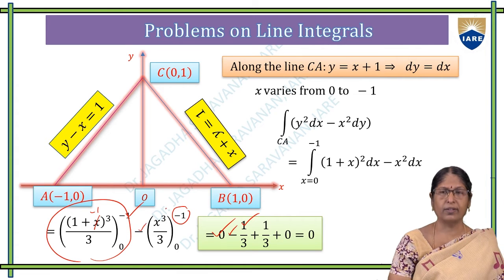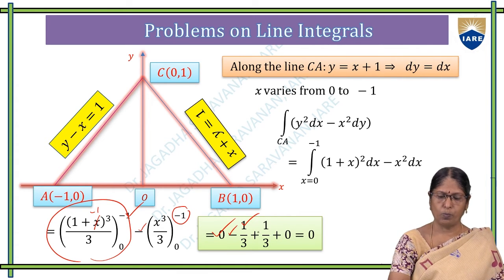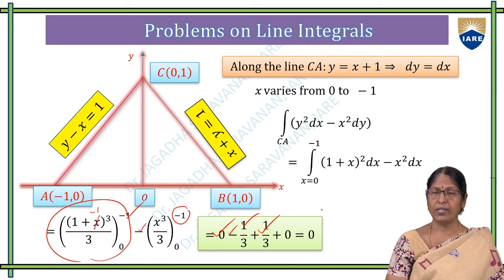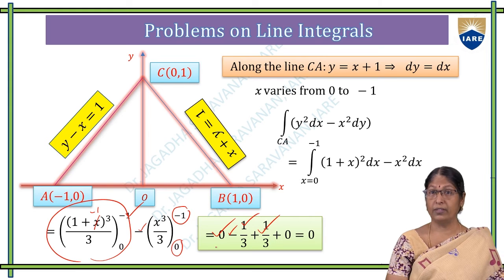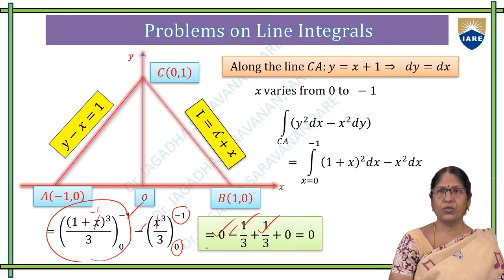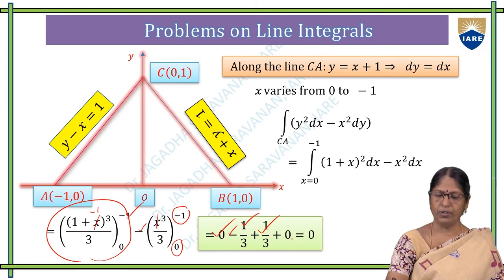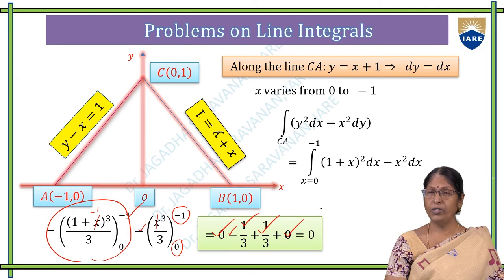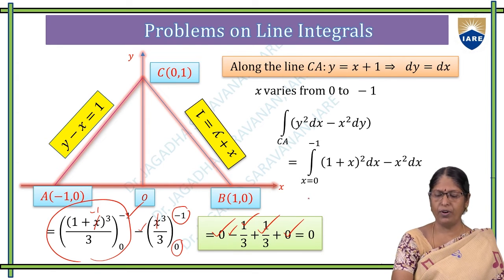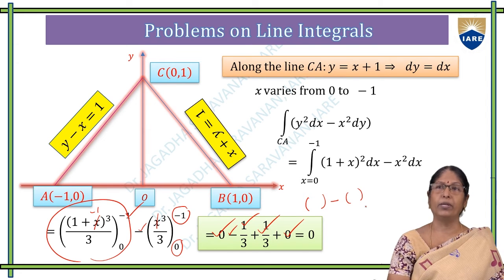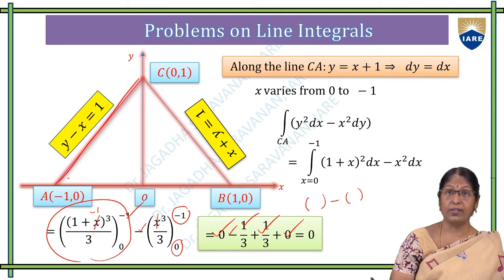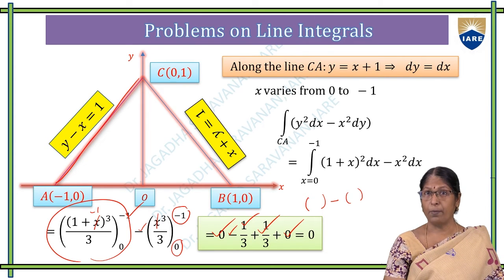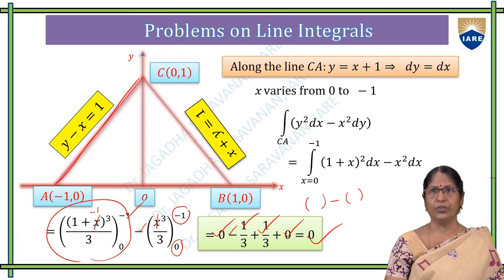Already the outside minus is there, so it has become plus 1 by 3. And the lower part, x is 0, it has become 0. So in the limit formula, we have to be very careful: upper limit value minus lower limit value. So along CA, in this direction, we obtained the value 0.